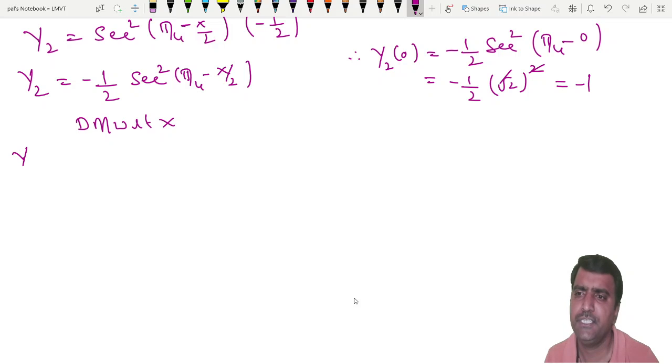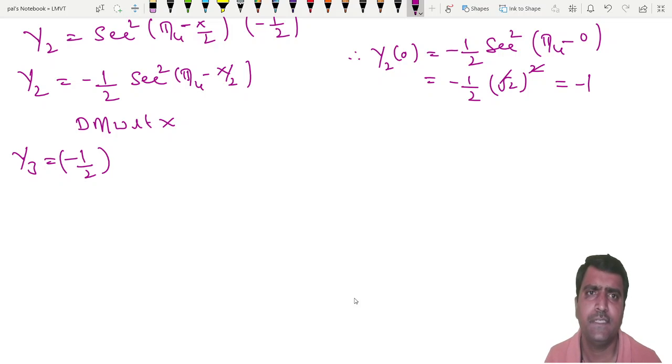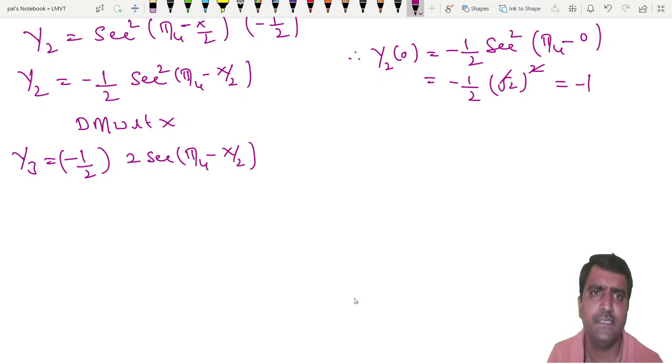So then differentiation of y2 is y3. y3 is equal to minus 1 by 2 into differentiation of secant square theta, which is 2 secant theta into tan theta. So I am just differentiating secant square.